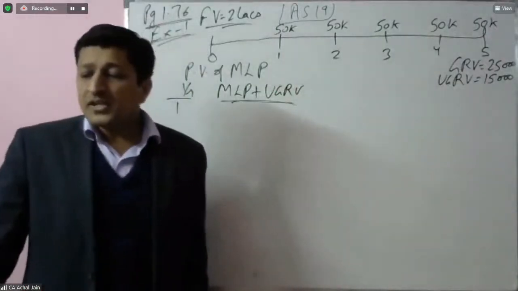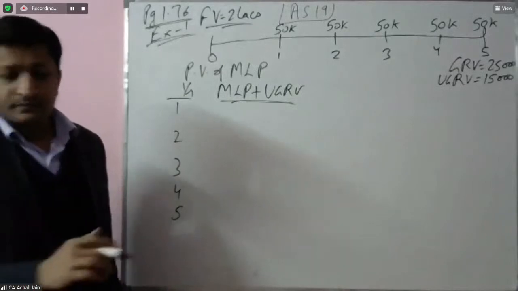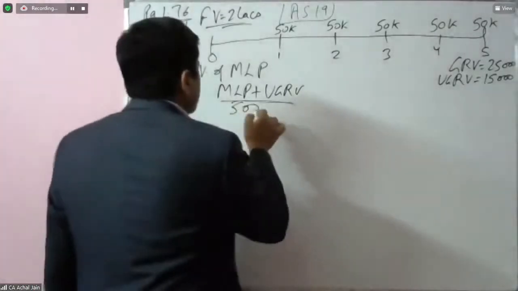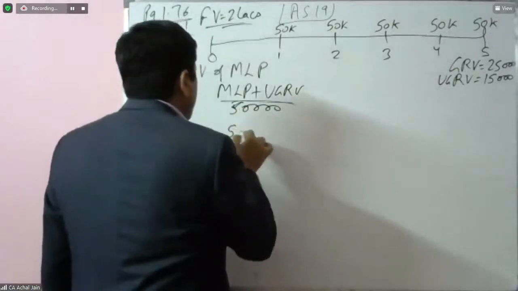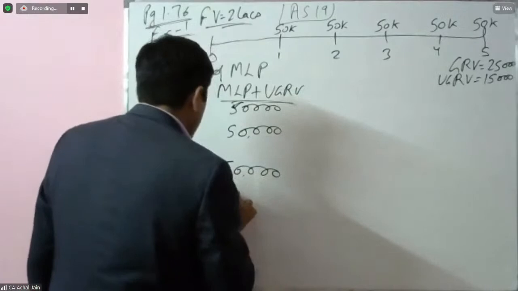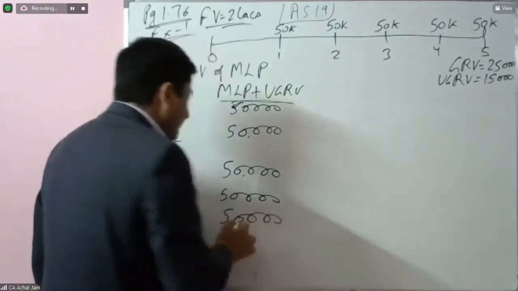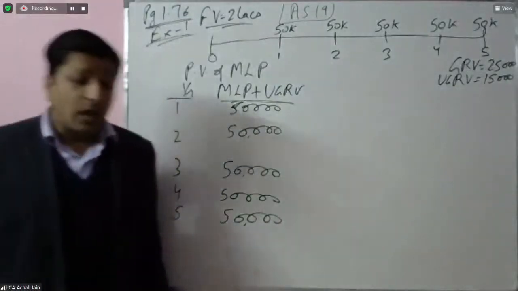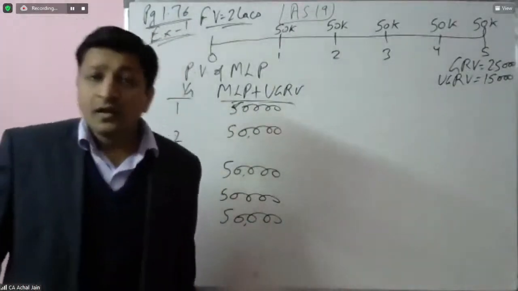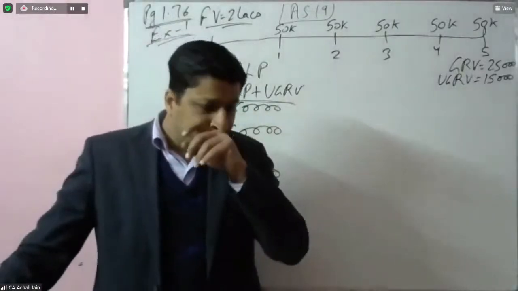So in the first year, the amount is 50,000. Second year, it's 50,000. Third year, it's again 50,000. Fourth year, again 50,000. Fifth year, again 50,000. Now comes the question around the consideration of UGRV and GRV.